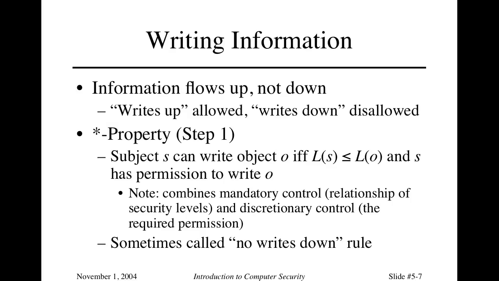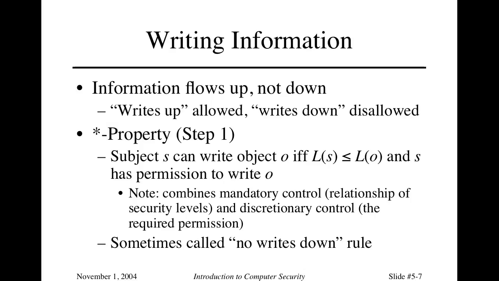This property specifies under what condition a write will be allowed. If the subject's security level is lower than or equal to the object's security level, then the write permission will be allowed.